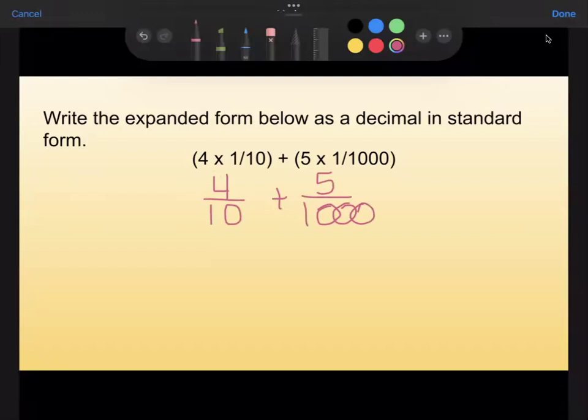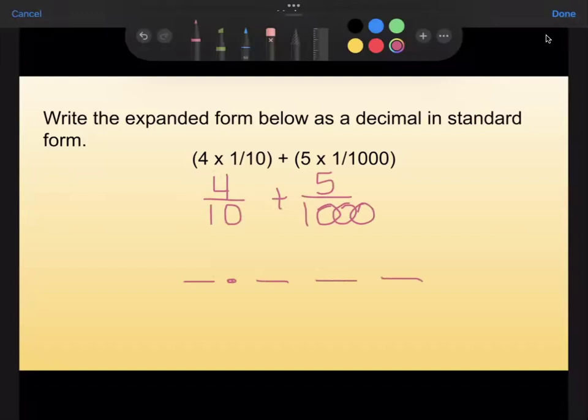So now here's a shortcut you can use when you're converting to decimals. You can just write out some decimal place values. So I'm going to put a ones place here, a decimal, tenths, hundredths, thousandths. The reason I went all the way to thousandths is because that second number has a denominator of 1,000.